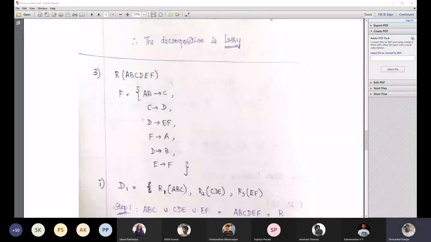So you can note it down. We are expected to check whether the functional dependency is preserved in the decomposition or not. Here we'll be proving only three functional dependencies. You need to validate whether D determines EF is true, F determines A is true, and D determines B is true.